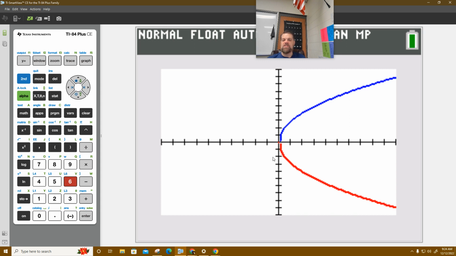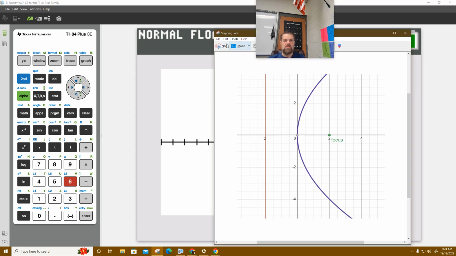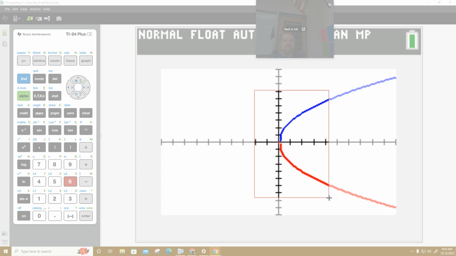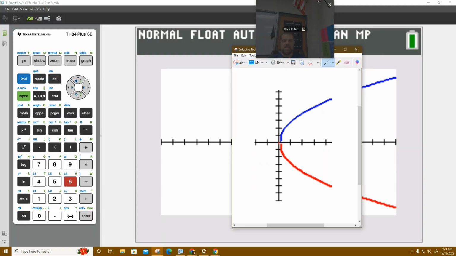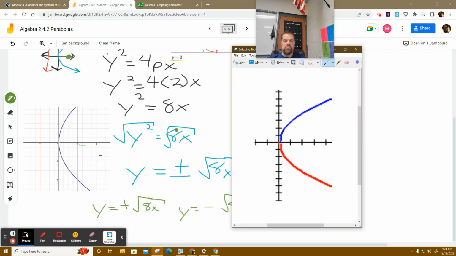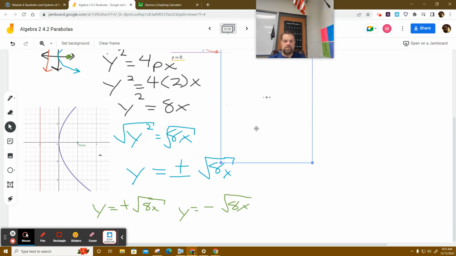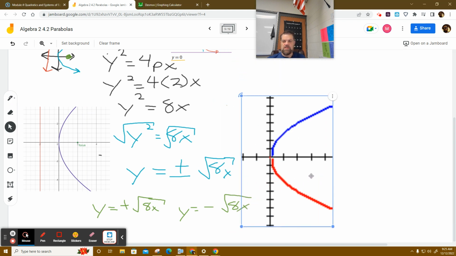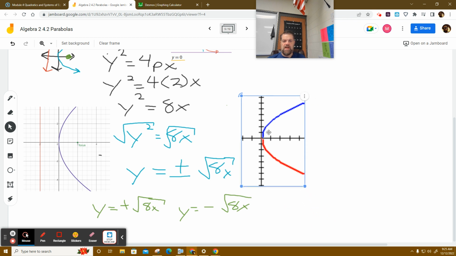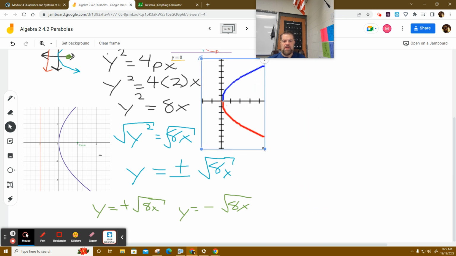Now, unfortunately, on this one, I can't graph the x equals 2 because this calculator only graphs functions. I mean, there's a workaround, but let's just check the parabola, okay? So I'm going to take a screenshot of that as well. And so that way, if you're taking the SAT test, which I think just about all of you will, maybe one or two won't, but this is what it looks like on the TI calculator, okay?